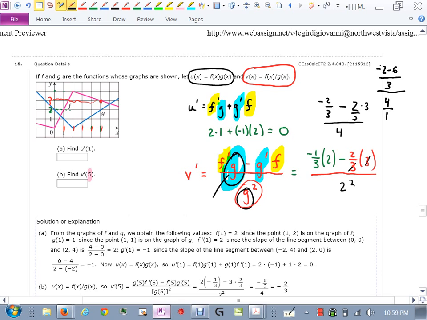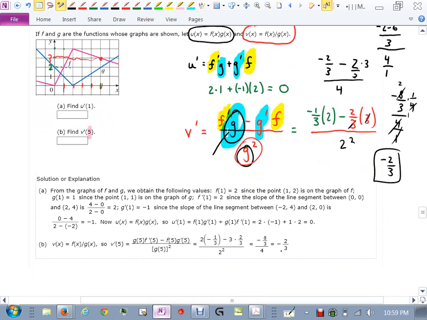I'm going to look at that as 4 over 1. We get negative 8 over 3, over 4 over 1, and then do your multiplication of the reciprocal. Scratch that out. 8 becomes a 2, that becomes a 1. Let's get negative 2/3. That's it right there.